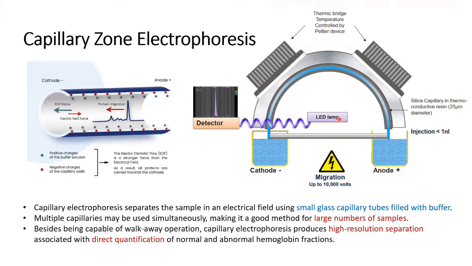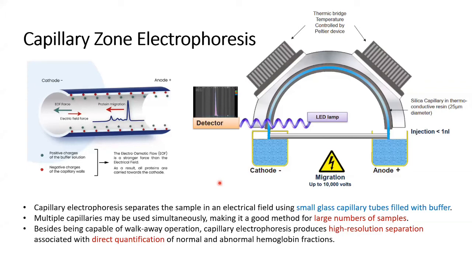The other more advanced electrophoretic method is the capillary zone electrophoresis. Here, small glass capillary tubes are employed which are filled with buffer. And employing these small glass capillary tubes helps us to process a large number of samples at the same run. And when an electric current is applied across these glass capillary tubes, the hemoglobin molecules separate based on their electrophoretic mobility.